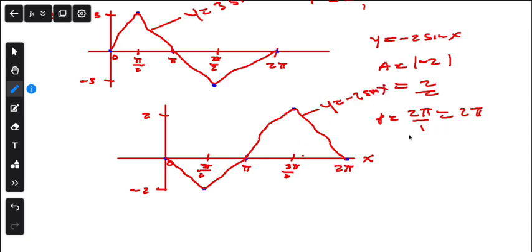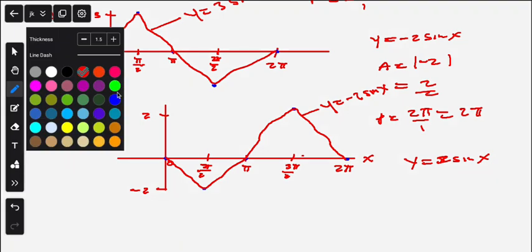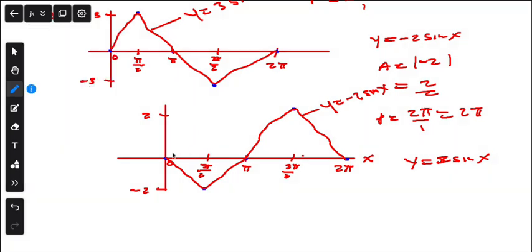Now, for example, if the question was y equals 2 sine x, meaning it is going to come out like this on this side. Let me show you. It is going to be 0, 0, which is this one, and then 90, 2, then again here, then this one is going to be here, and the last one is going to be here.